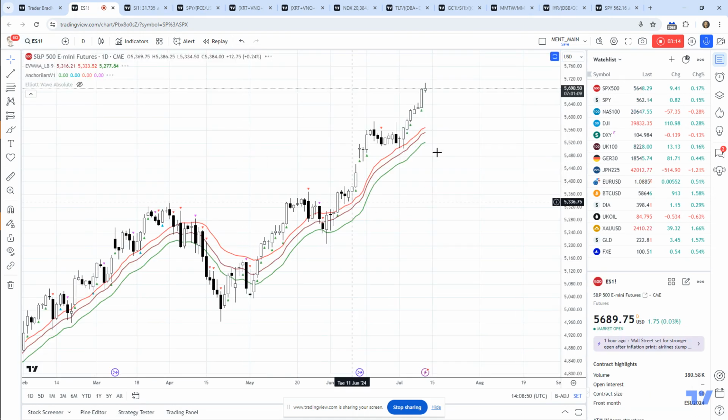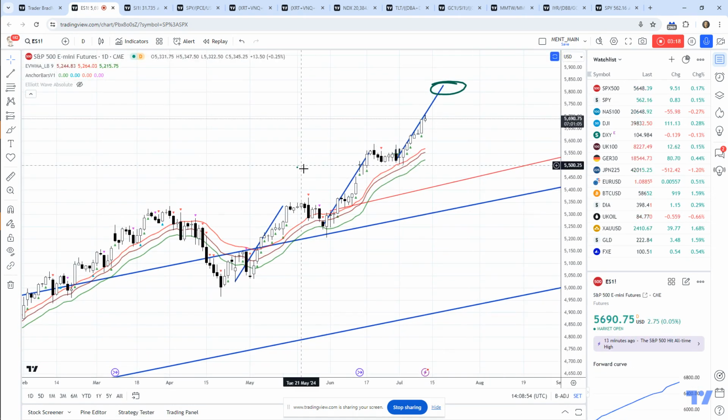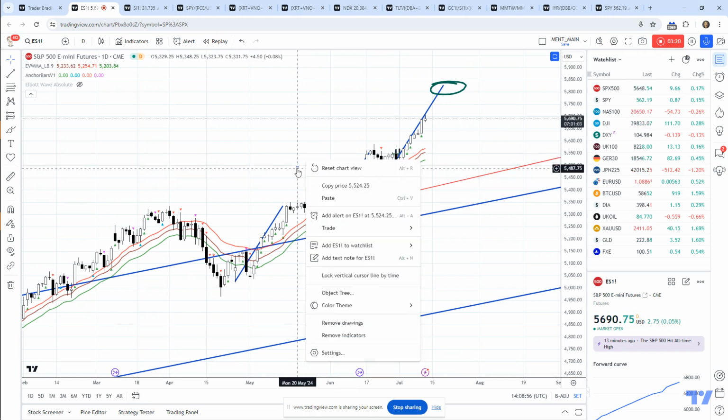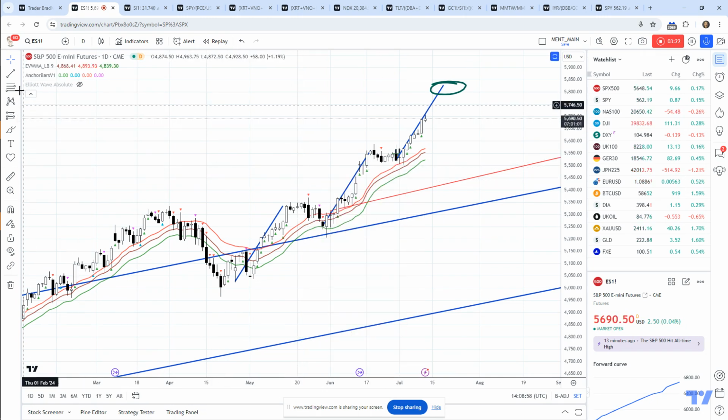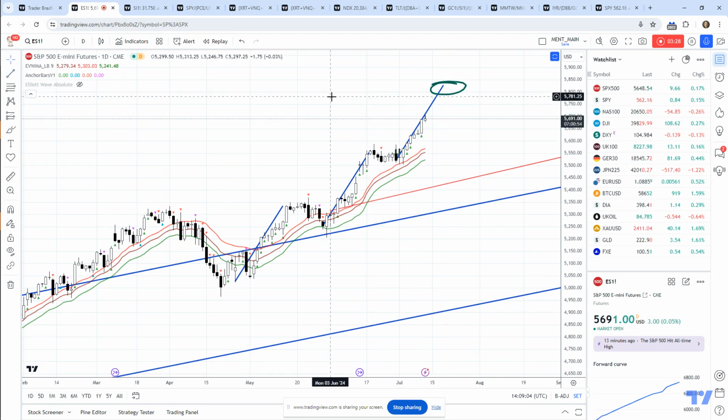On the ES, we still have a rally phase of about 2.25% up to 5,800 and change.